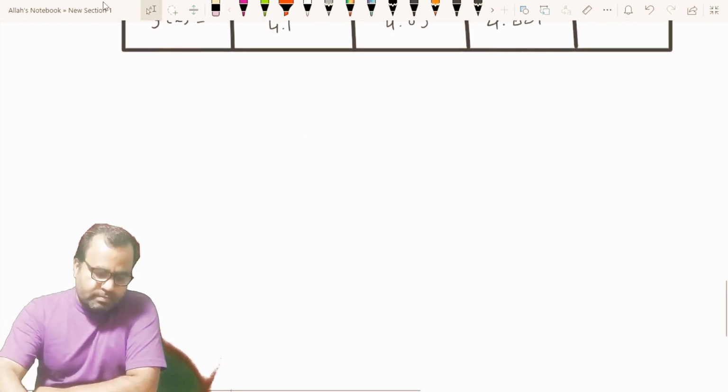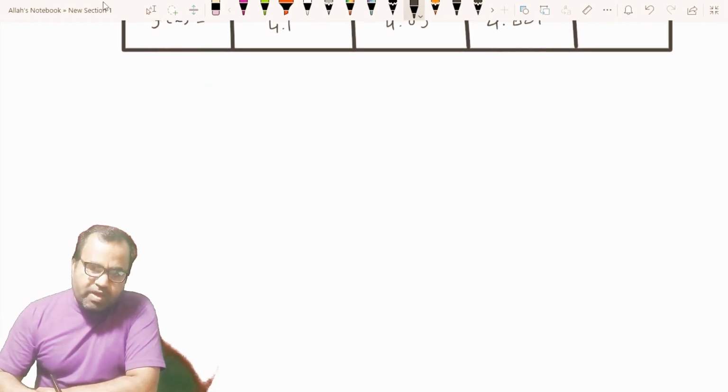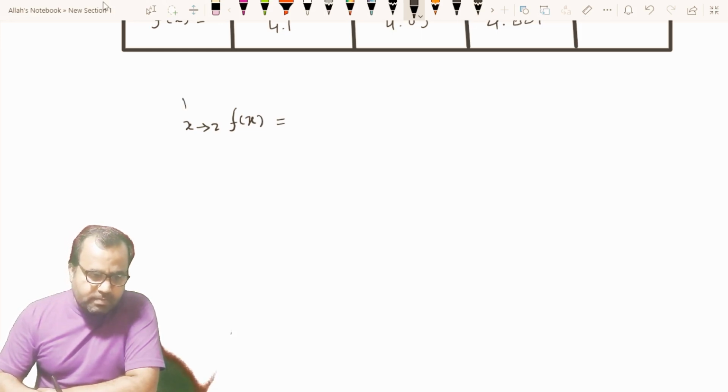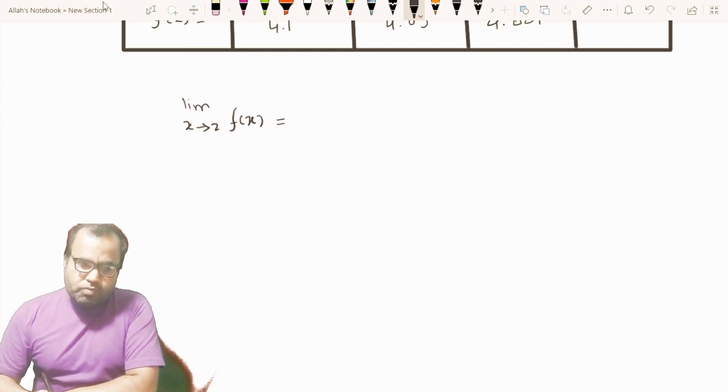As the value of x approaches 2 in the function, we get the limit: as x approaches 2, our answer is 4.